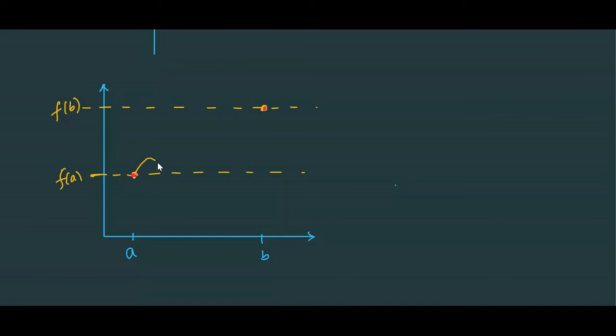No matter what trajectory I go, I may go outside of this, but we can see all the intermediate values between f of a and f of b are taken by the function.